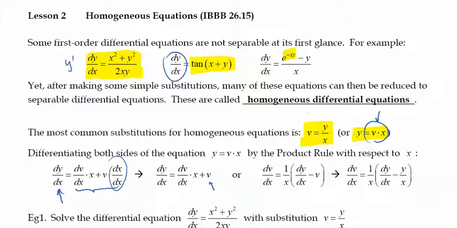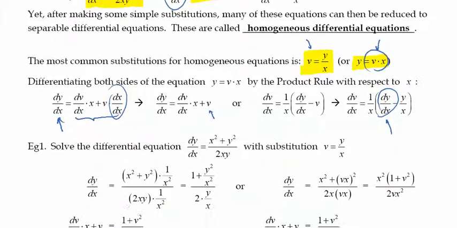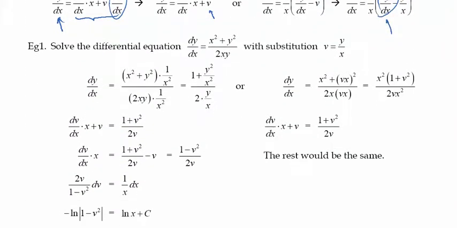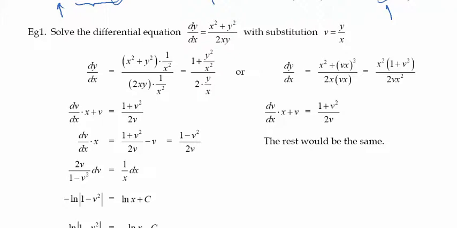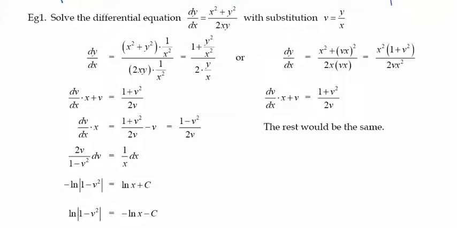Or some people would like to differentiate this instead, and some people would use quotient rule, but you can use whatever method you can to turn it into something like this, and you can then make a substitution using these expressions here.